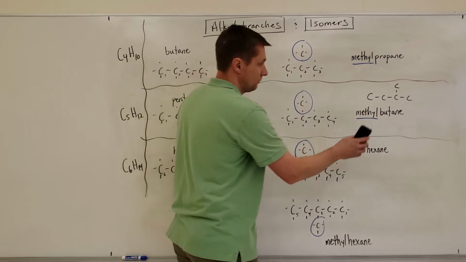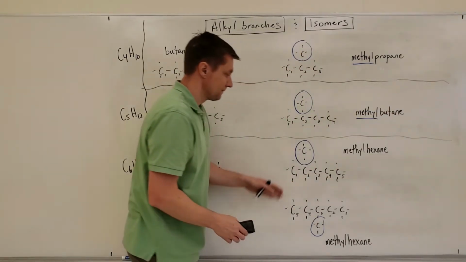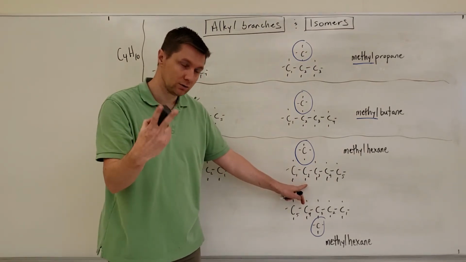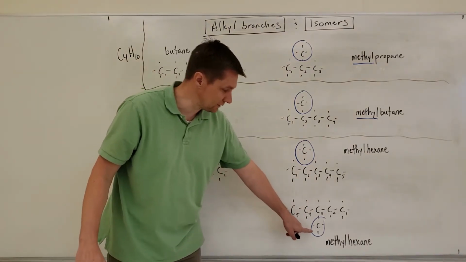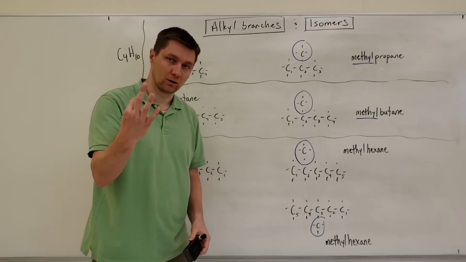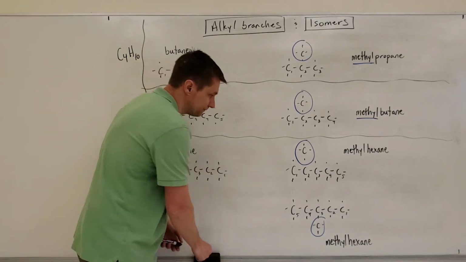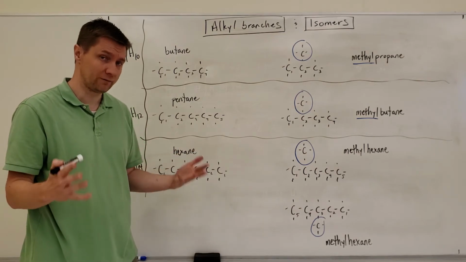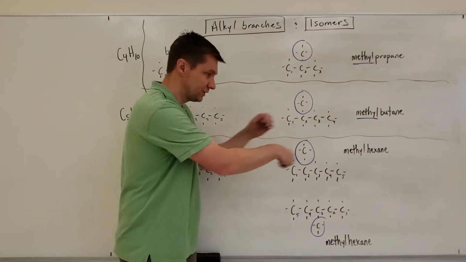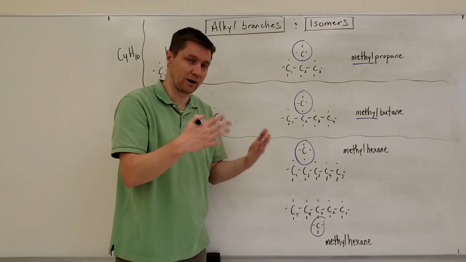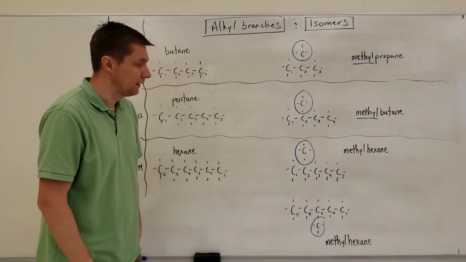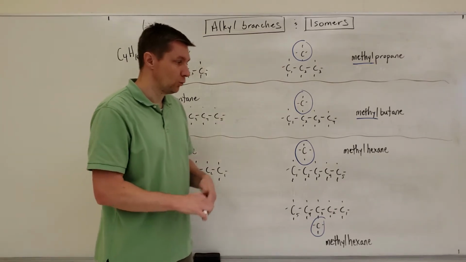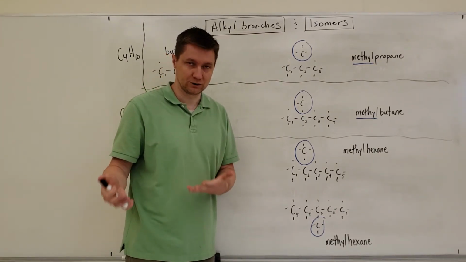This molecule has a methyl branch on carbon 2, and this molecule has a methyl branch on carbon 3. And so to distinguish between the 2 molecules, because they are different molecules, I can't rearrange this one to all of a sudden get the methyl branch on a new carbon. We have to give them a different name. And so we have to distinguish which carbon that methyl branch is sitting on.